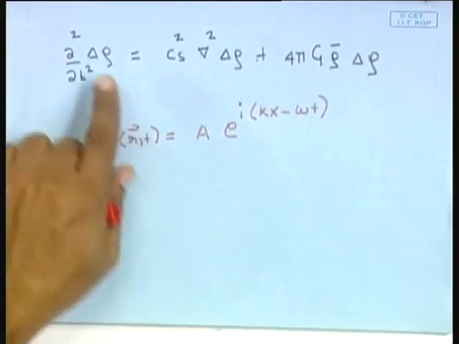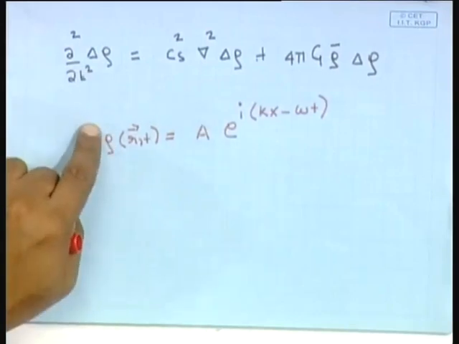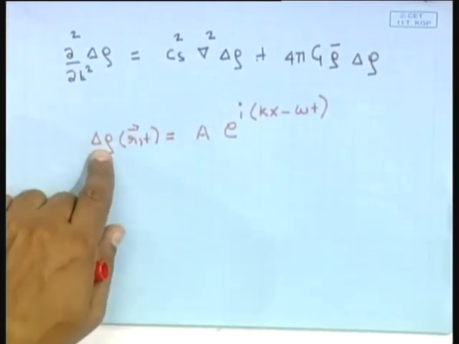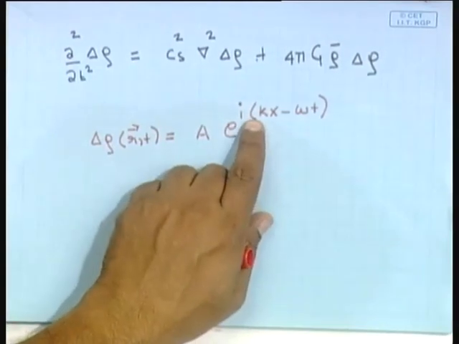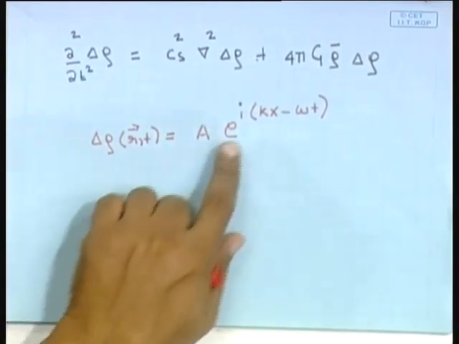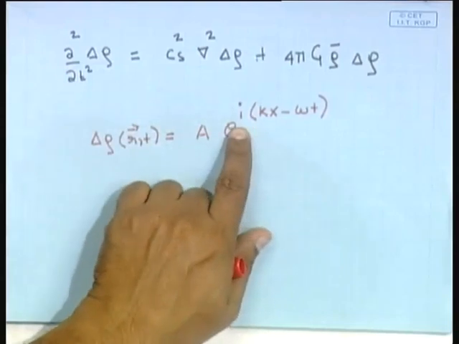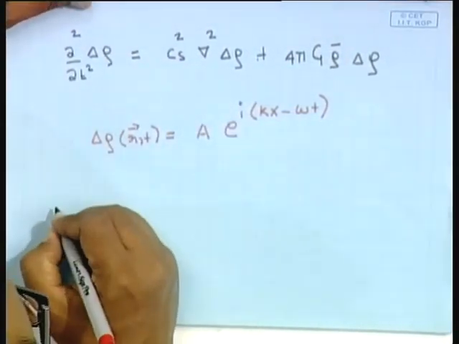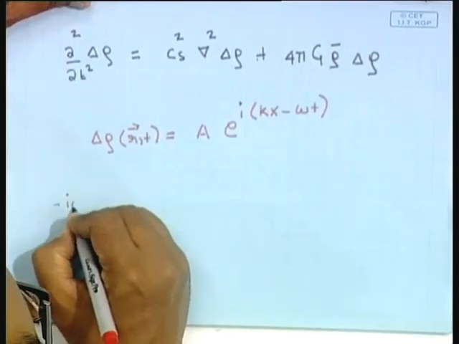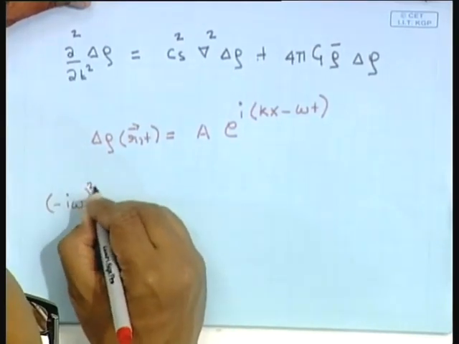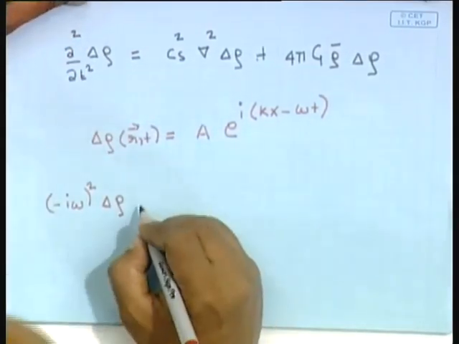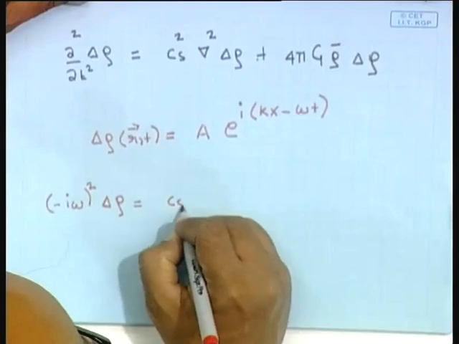Now if you put this solution over here, if you differentiate this twice with respect to time, you pick up a factor of minus omega square. Every time you differentiate it with time, you pick up a factor of minus i omega. So what you have here is minus omega square delta rho, this is the first term, is equal to Cs square.